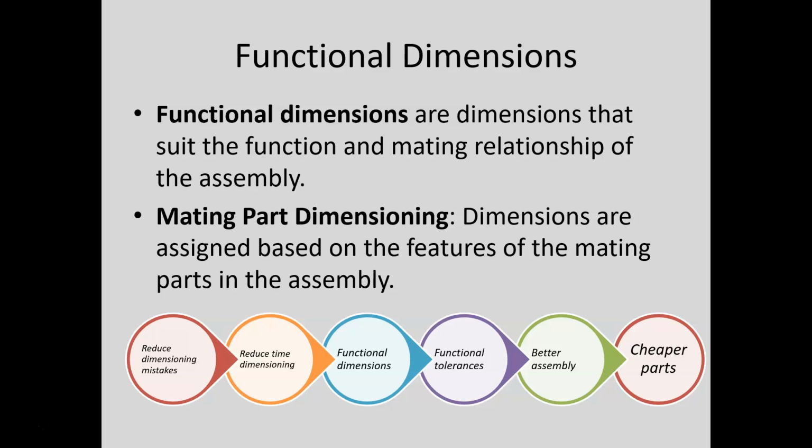Dimensions and tolerances. Mating part dimensions are those dimensions that are assigned based on the features of the mating parts in the assembly. Okay, and this is where we get into a little bit of a sticky problem, because we don't often know what the mating parts are. For example, in your assignment, in the drawing of the door bearing, we don't know where the door bearing fits in with whatever it's mating with.